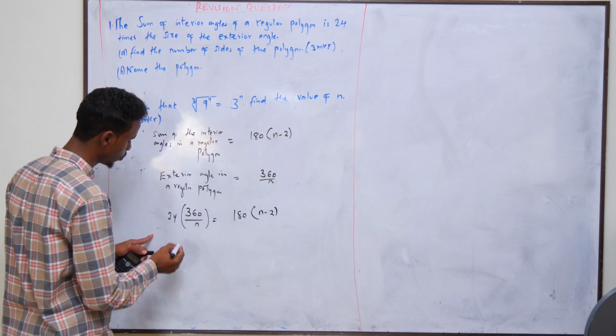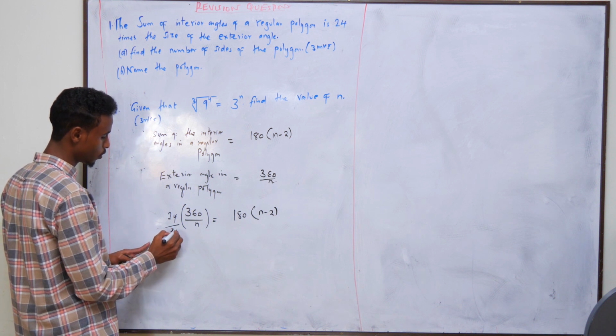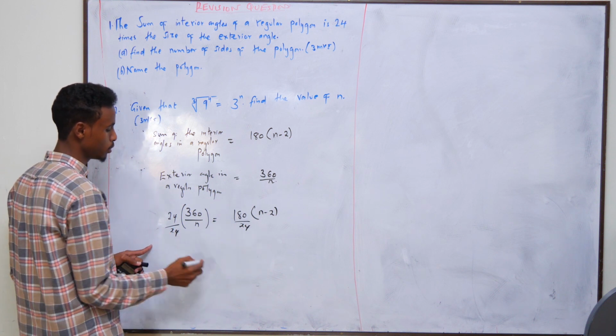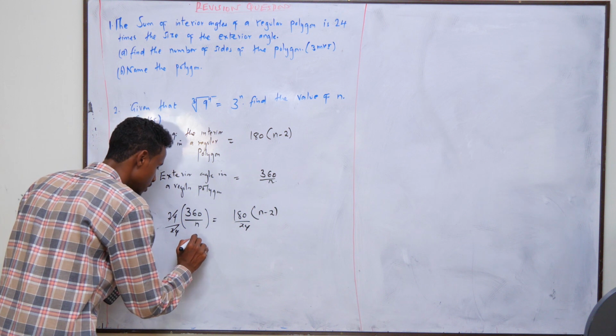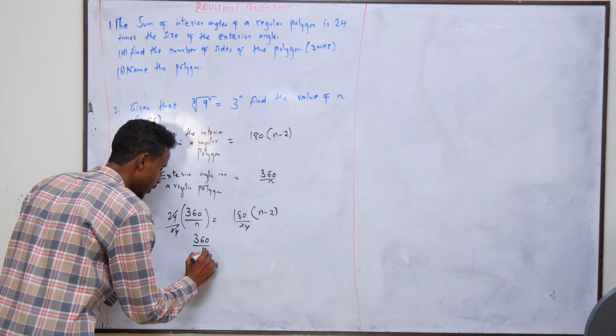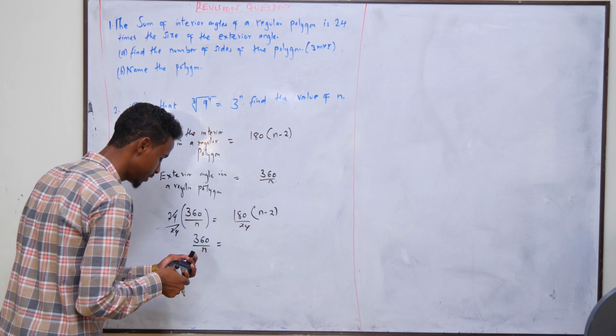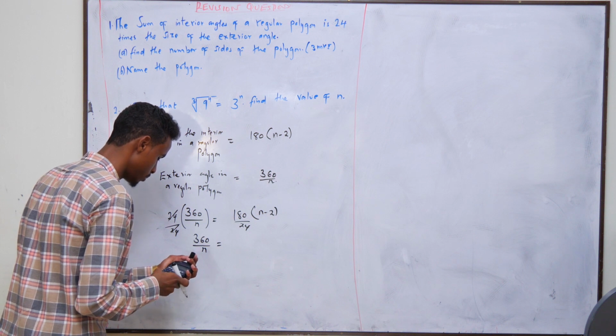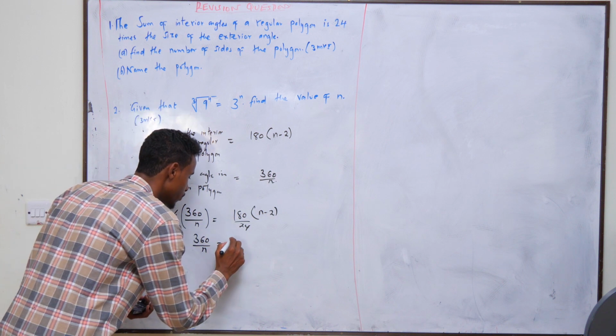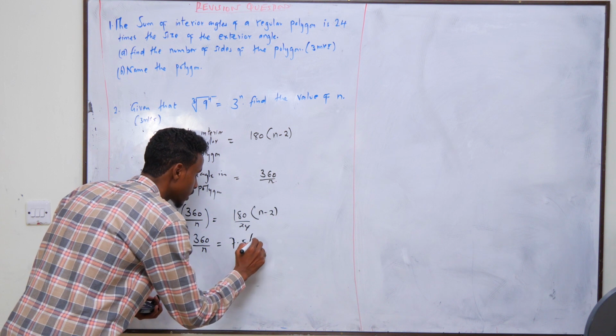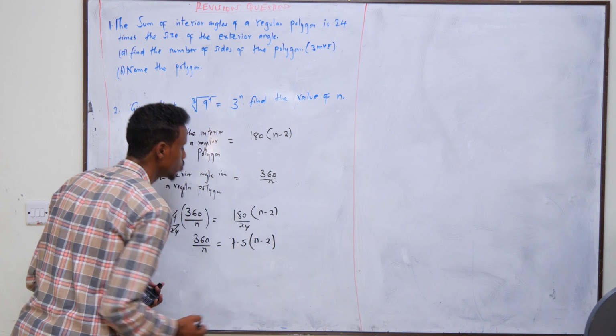And that will be very simple. Divide by 24 first, you make your work easier. Now it becomes 360 over n is equal to 180 divided by 24. 180 divided by 24 is 7.5, into bracket n minus 2.